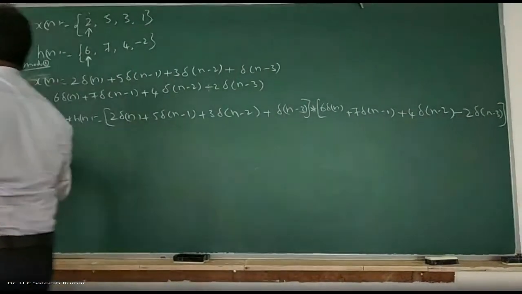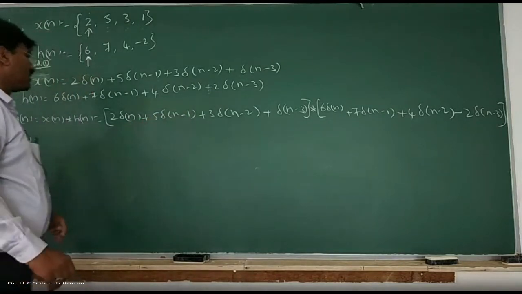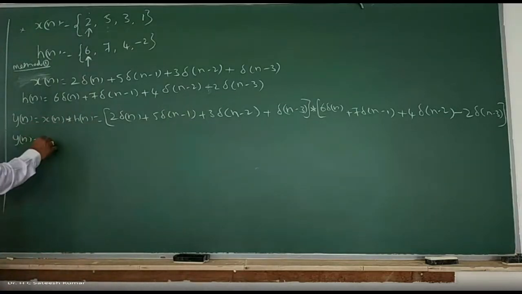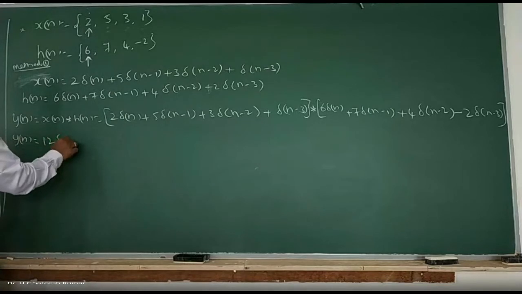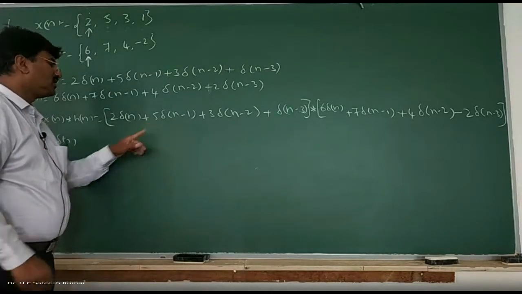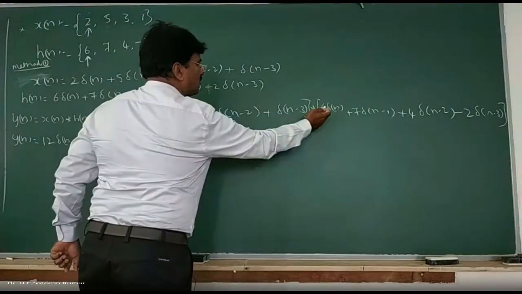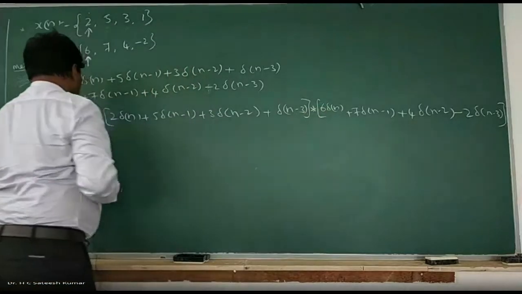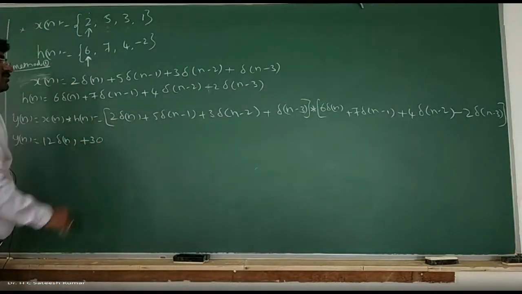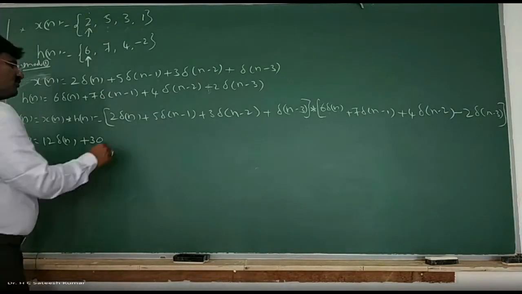So y of n is equal to 2 delta of n convolution with 6 delta of n. What will you get? 6 into 2, 12. Delta of n convolution with delta of n is delta of n. Next, 6 into 5, 30. So I am convolving the first term with all the 4. 30 into delta of n minus 1.